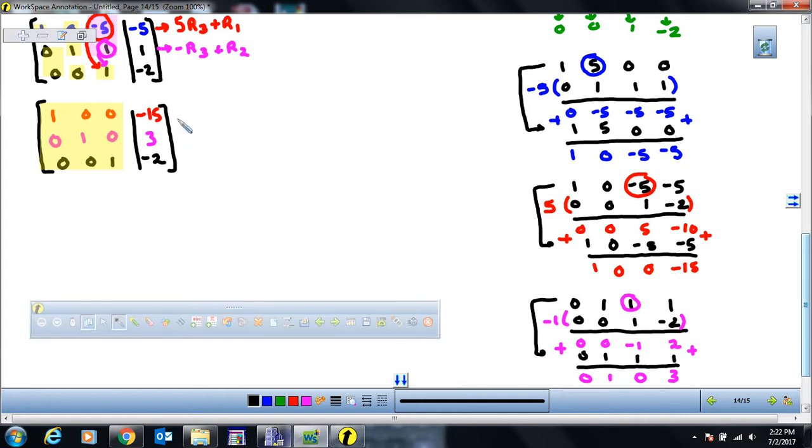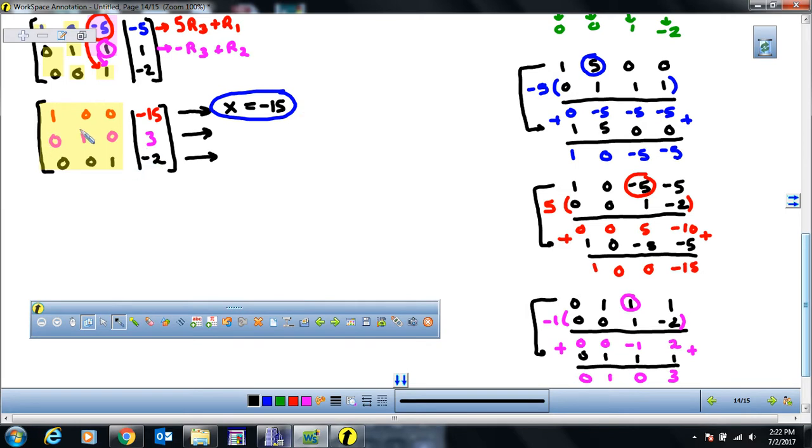Now, if I ask you to translate the first equation, the second equation, and the third equation, what do they tell me? This means 1x, which is just x, no y, and no z, and then equals -15. So as you can see, this already gives me the value of x. Look at the second equation.